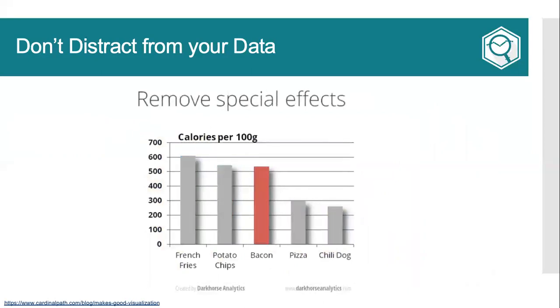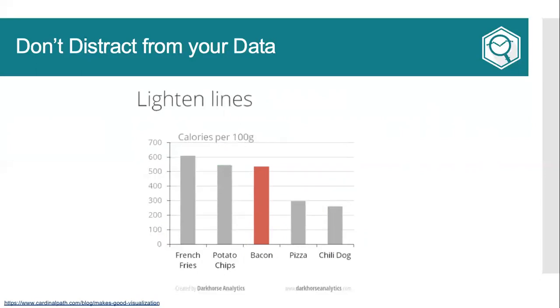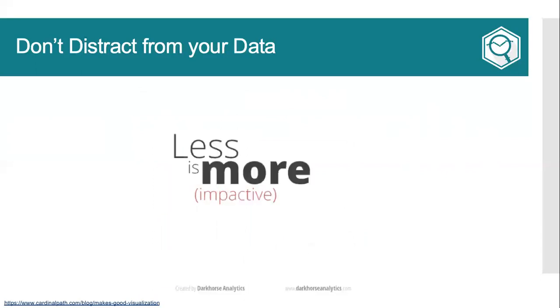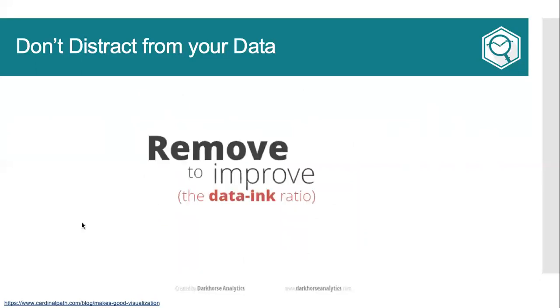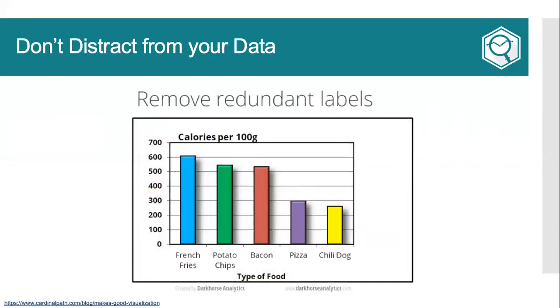And as the visual elements are removed, you're able to much more easily see the data that's being presented and the main piece of data that the creator wants to focus on, which in this case is the amount of calories in bacon, apparently. So you see how it starts versus where it ends, just highlighting the importance of simplifying your graphs and removing what's not necessary.